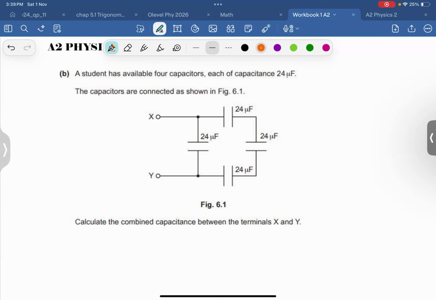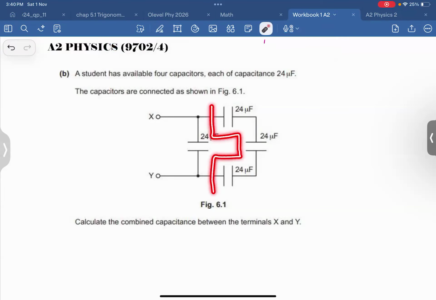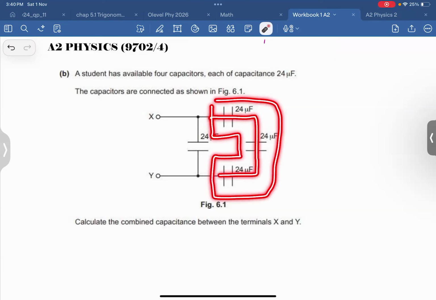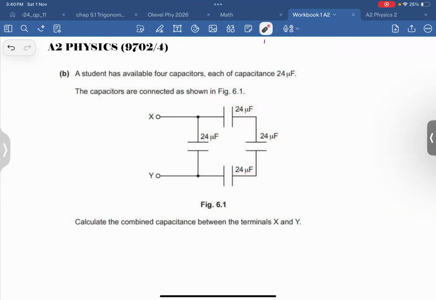Basically, they are saying a student has available four capacitors, each of capacitance 24 microfarad. The capacitors are connected as shown. So basically, these three are in series with the one capacitor because they don't have any junction. The current will follow the straight path without going into any other direction.